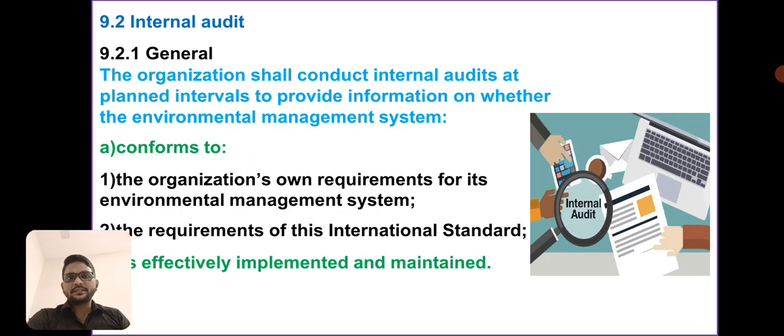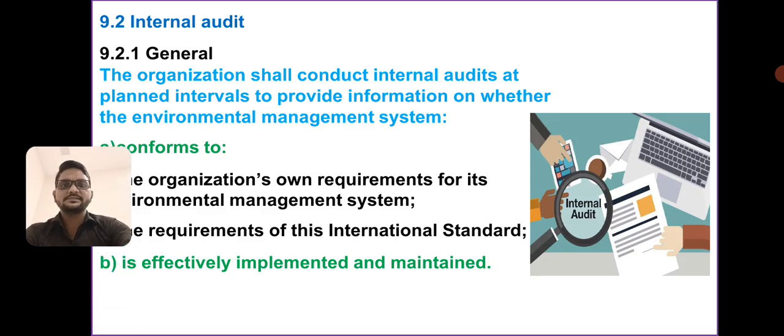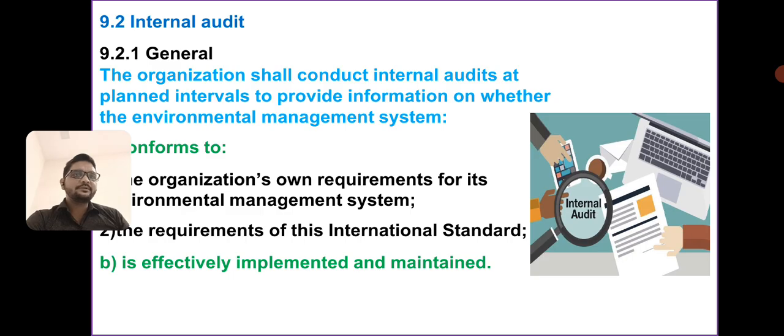Next is the internal audit, that is 9.2 and 9.2.1, the general requirement related to internal audit. The organization shall conduct internal audits at planned intervals to provide information on whether the environmental management system conforms to the organization's own requirements for its environmental management system and the requirements of the international standard, and is effectively implemented and maintained.